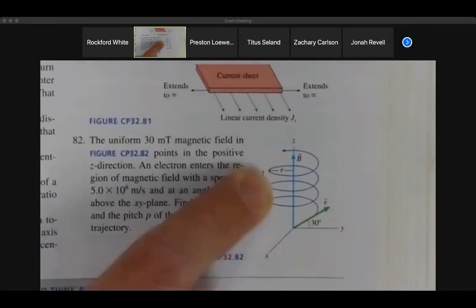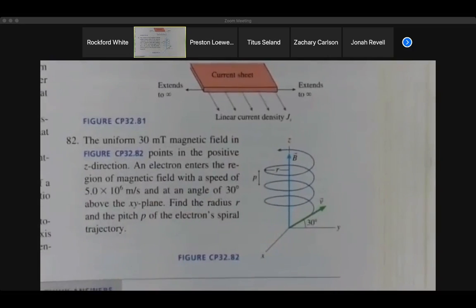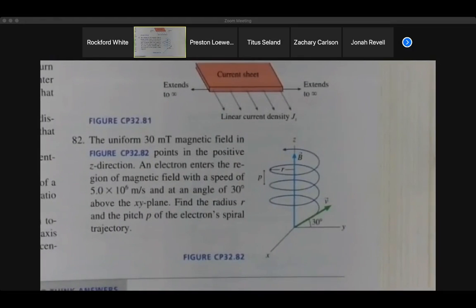If you took measurements on this, let's say you just fired a particle in here and watched it move. Let's say you knew the speed of the particle, but you didn't know what the particle was, and you watched it spiral like this. What could you figure out about the particle? You can figure out it's negatively charged. If you took measurements on radius and pitch, what else could you figure out?